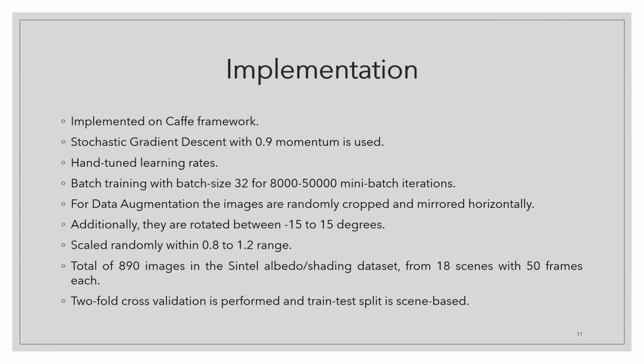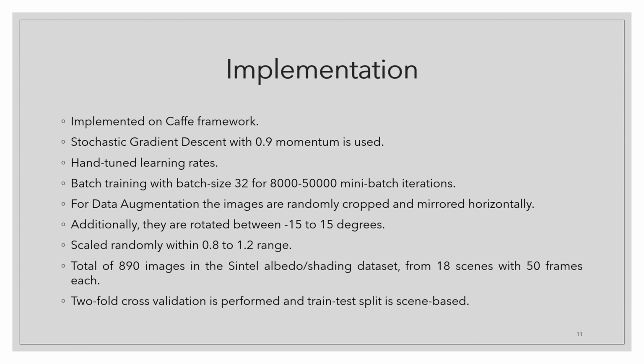We implement our algorithms in the Caffe framework. We use SGD with random initialization and momentum of 0.9 to optimize our networks. Learning rates for each layer are tuned by hand to get reasonable convergence. We train networks with a batch size of 32 for 8,000 to 50,000 mini batch iterations.